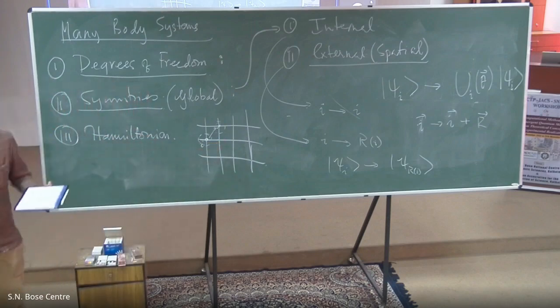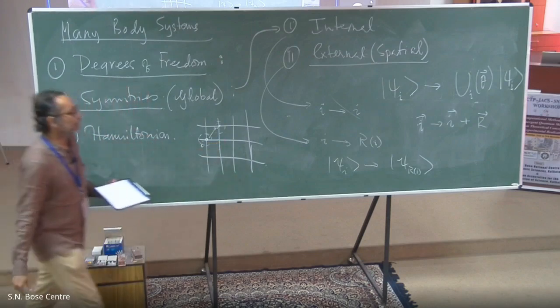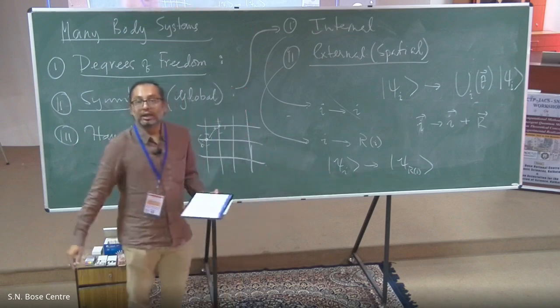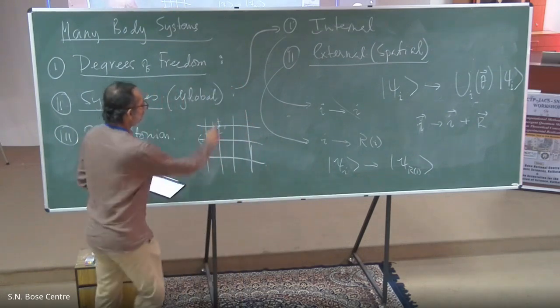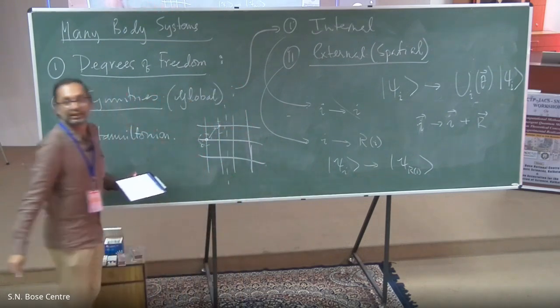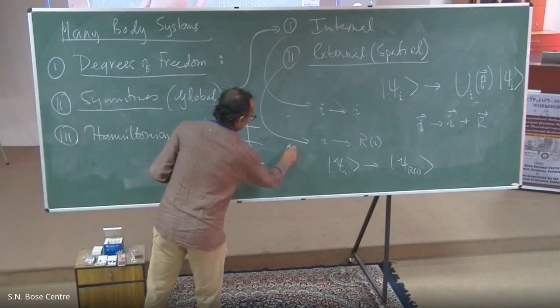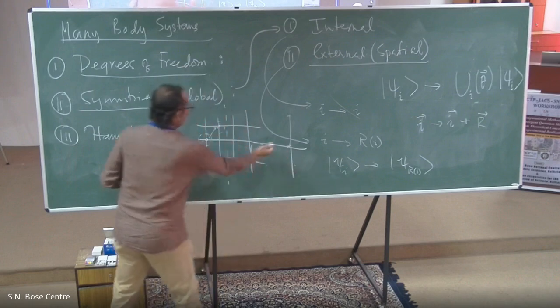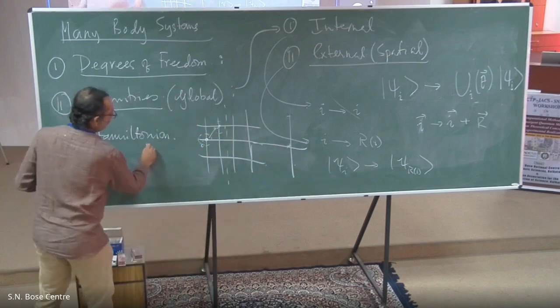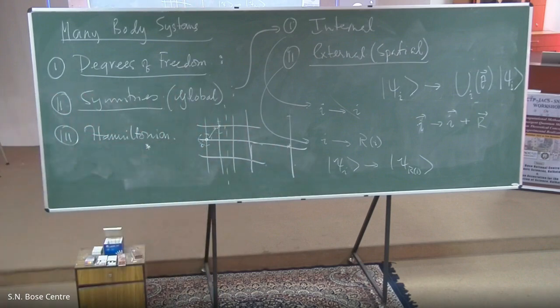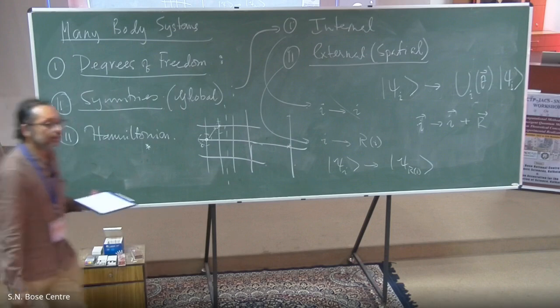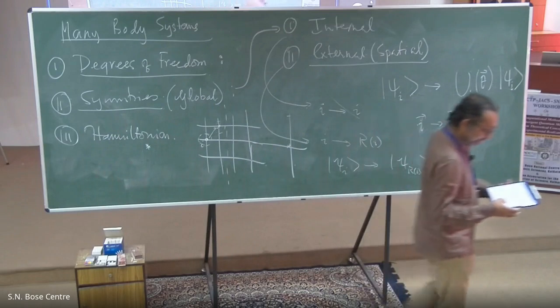But for something like reflection, suppose I do reflection about this axis, and there was a state on this side here, it gets reflected all the way here, so the support changes by a big amount. So these are all structures that are already there in these.